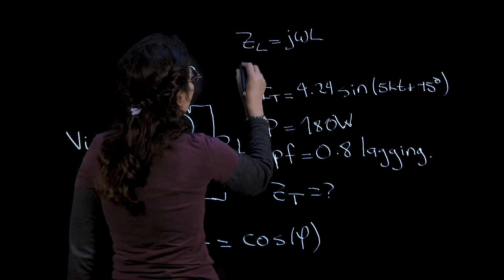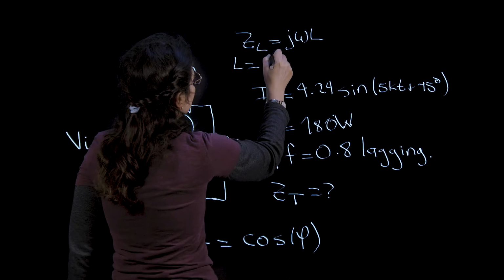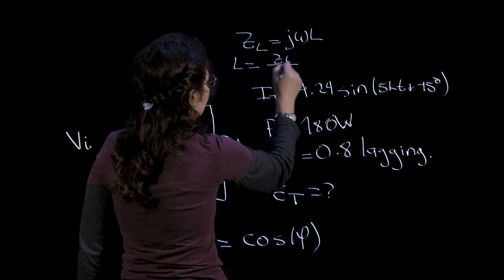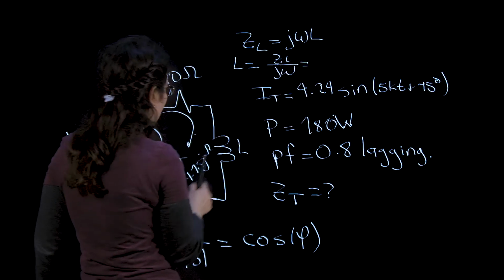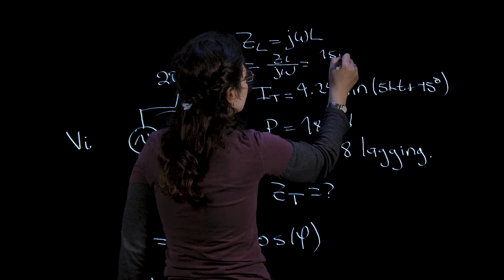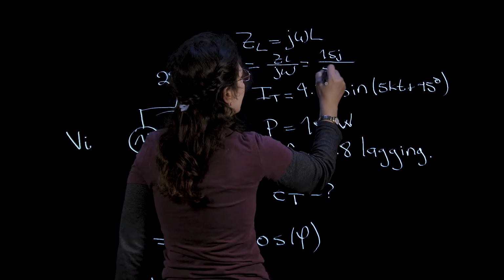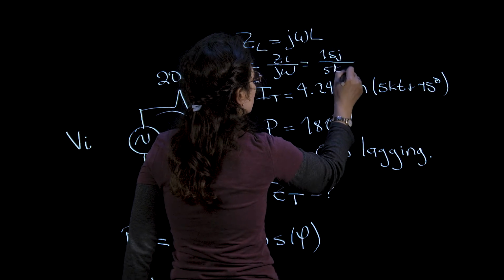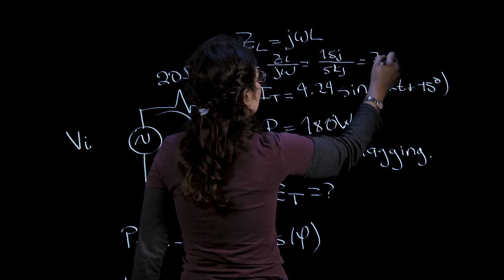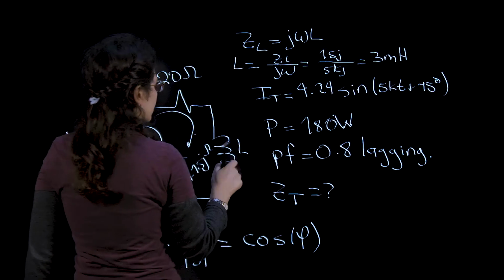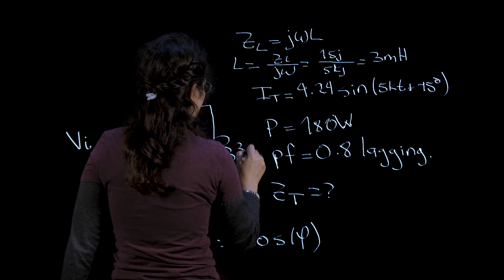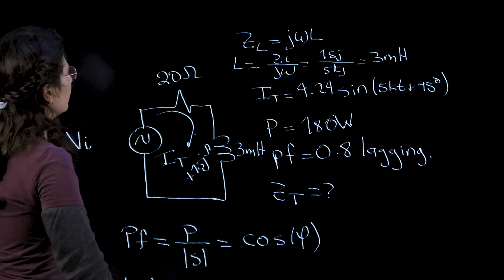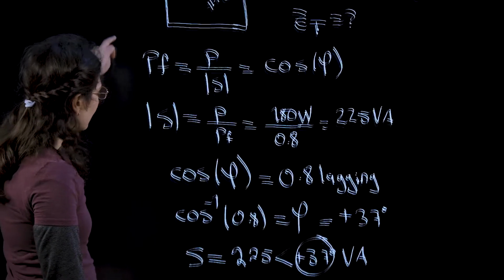So we can calculate L equals ZL over j omega, which is equal to 15j over 5k j, which is 3 millihenries. So this is 3 millihenries. So yeah, that's how we calculate.